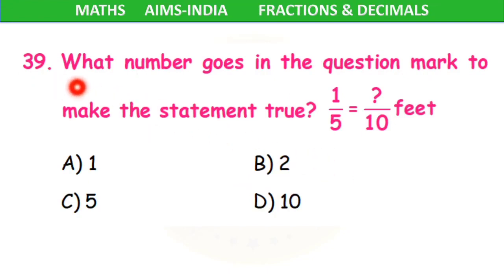Next, question 39. What number goes in the question mark to make the statement true? 1 by 5 is equal to dash by 10. We do not know the numerator, but we know that the denominator is 10.